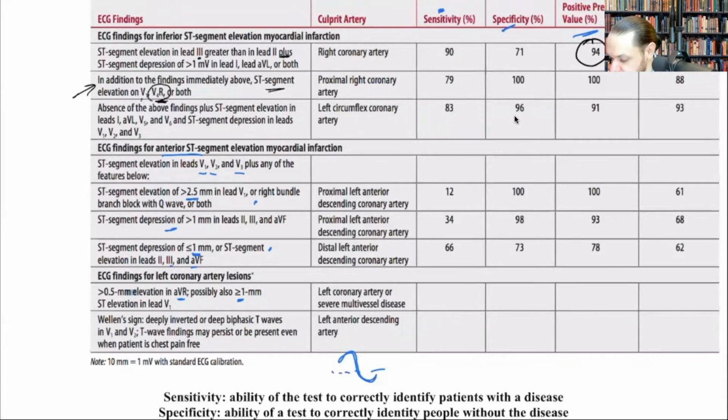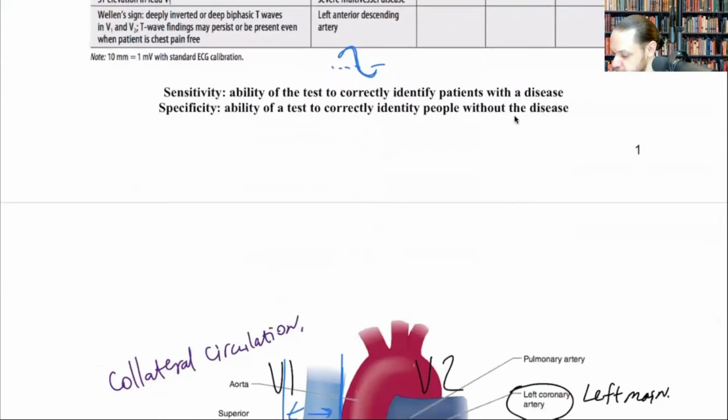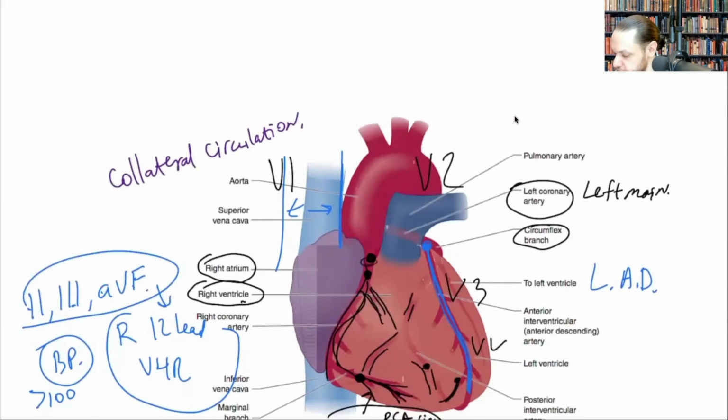So we definitely have V4R in addition to the above findings. So that tells me it's proximal. Proximal means closer to the trunk, as opposed to distal. So this is distal, this is proximal.